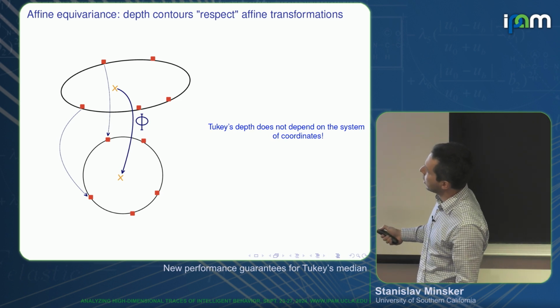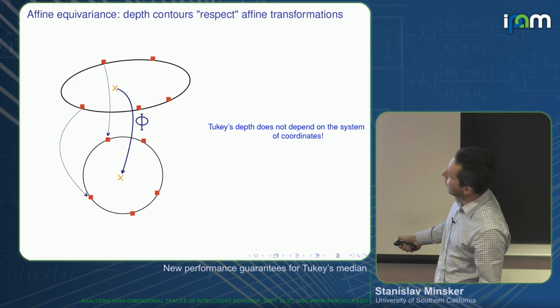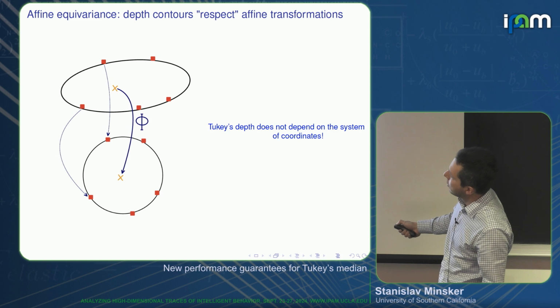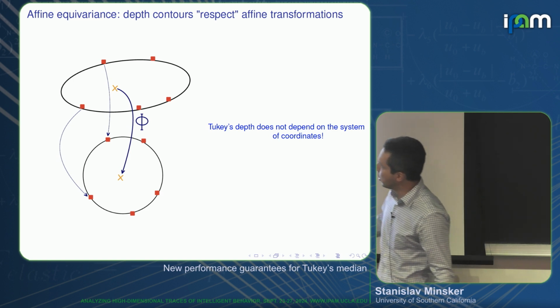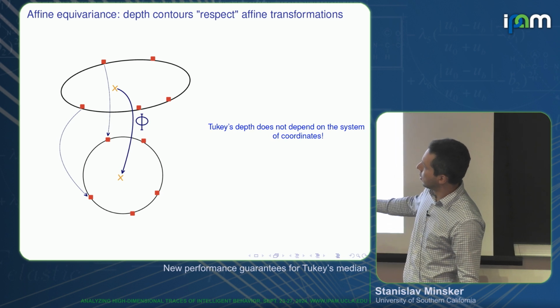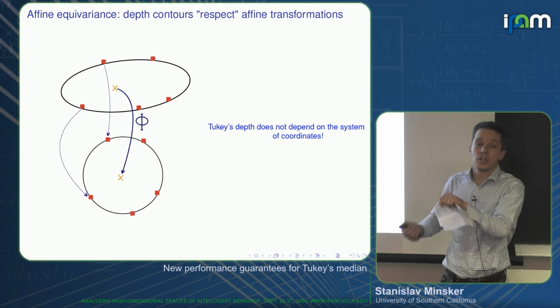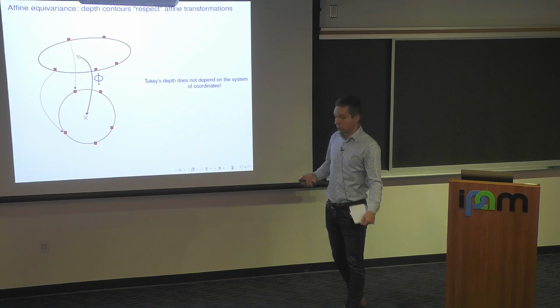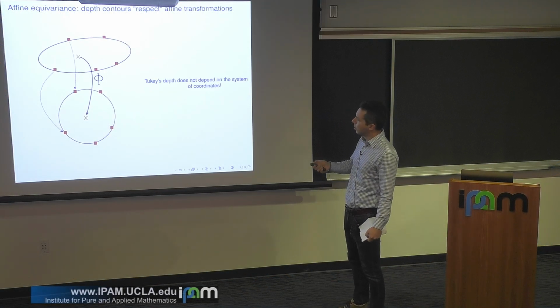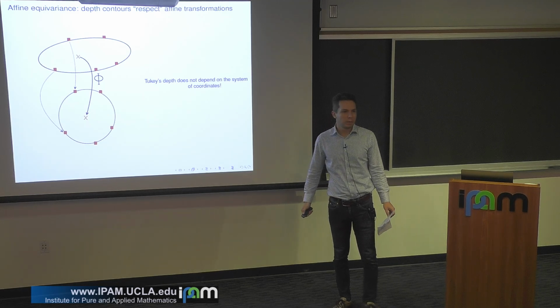You can think about it like that: if I have data that live on a circle, and then I somehow squeeze the circle into an ellipse, then if this point gets mapped to this point, the depth of this point doesn't change, no matter what I do. Okay, so that's a very nice property of statistical procedures, affine equivariance.